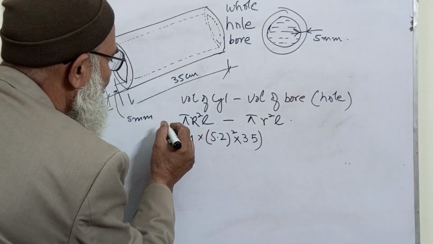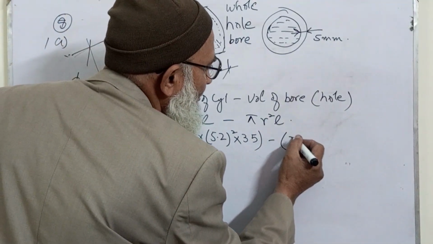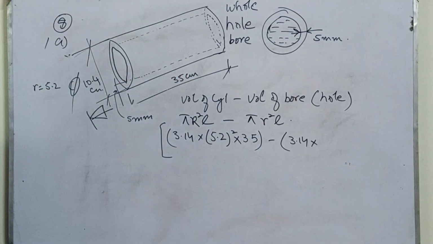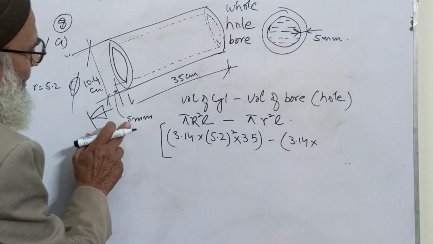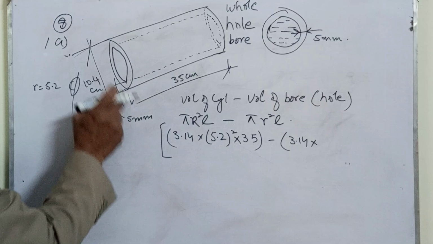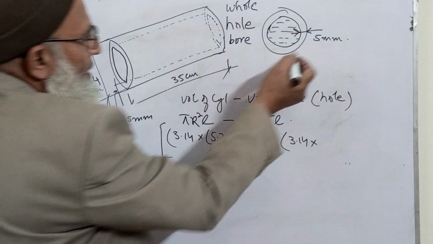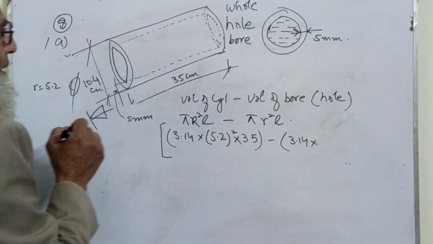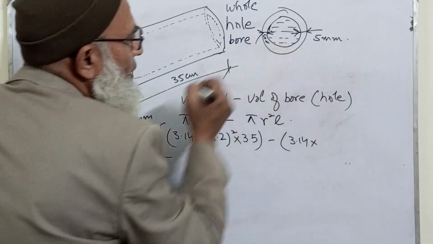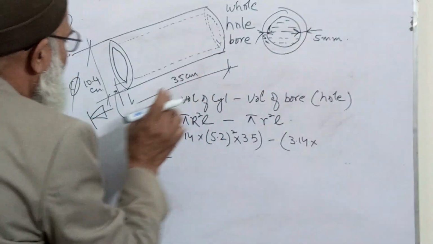Now this is one thing, minus. Again, pi is the same, multiplied by the smaller r. How will you find the smaller r? You see that this term is given 5 mm. This 5 mm and this 5 mm, because this is the thickness of the pipe, and the thickness is on both sides.